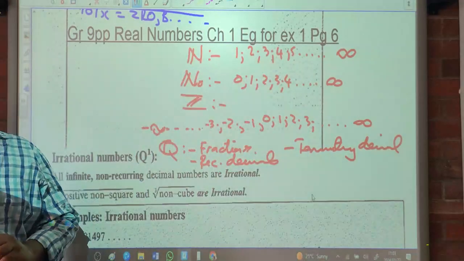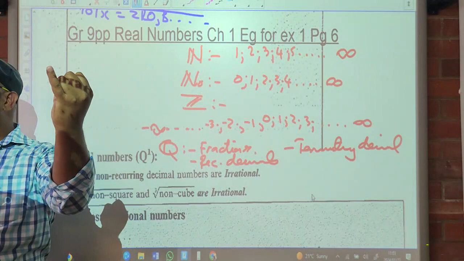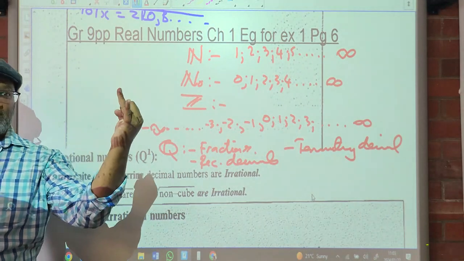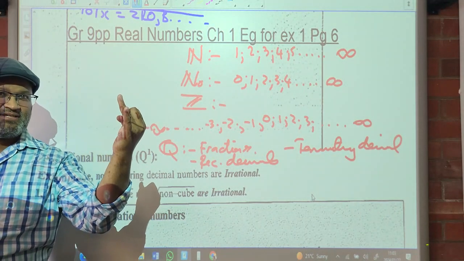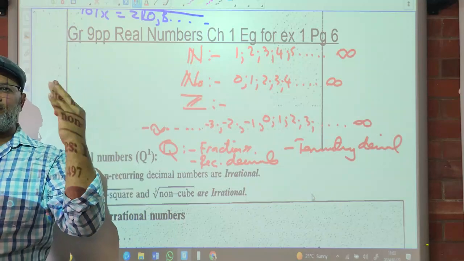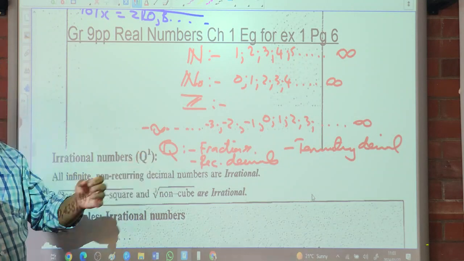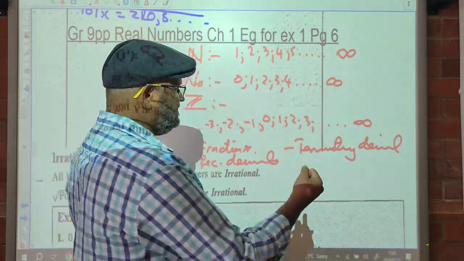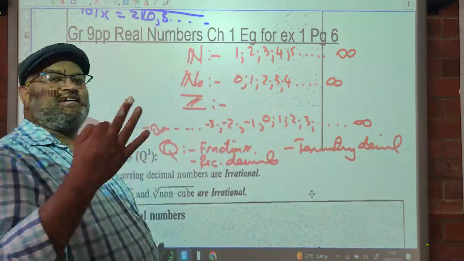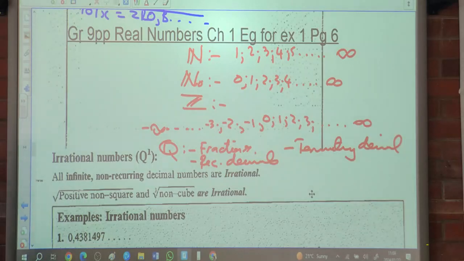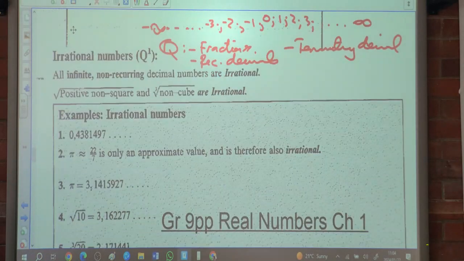So, rational numbers are numbers that can be written as fractions, terminating decimals, and recurring decimals. Now we're looking at irrational numbers. All infinite non-recurring decimal numbers are irrational.